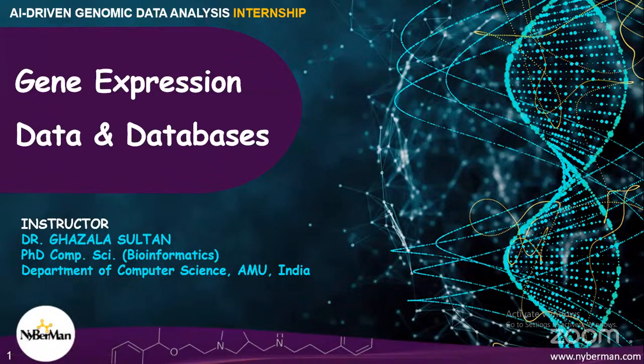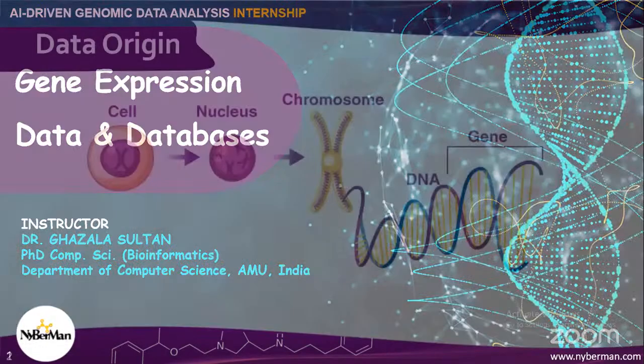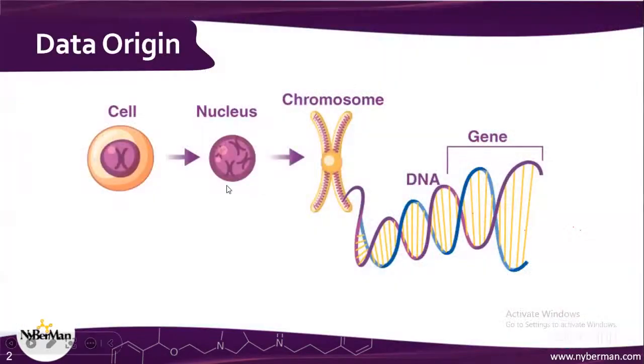Let's get into it so that we can understand how exactly the data is and where the data is actually coming from. We all know the central dogma of biology: within each cell there is a nucleus, which is composed of chromosome pairs, and the chromosome is nothing but a sequence of DNA, and on that DNA there are segments dedicated to specific genes.